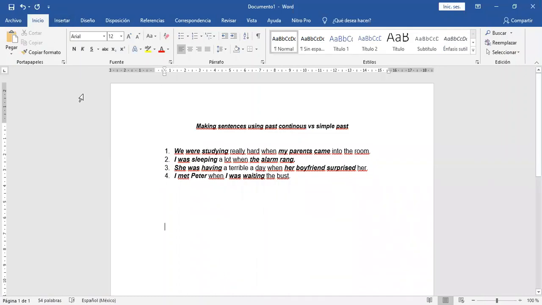Regular verbs, as I was saying, have ed at the end. For example, love becomes loved. Play becomes played. Talk becomes talked. Those are regular verbs.